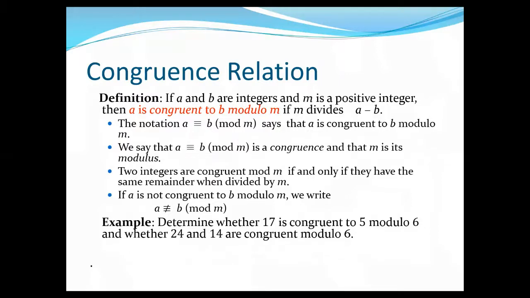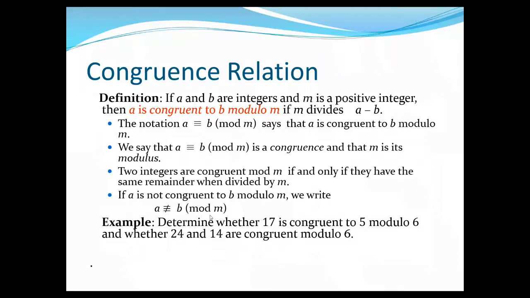In case it doesn't conform with the congruence relation, this will be our notation: we just put a slash on the three lines. It means a is not congruent to b modulo m.